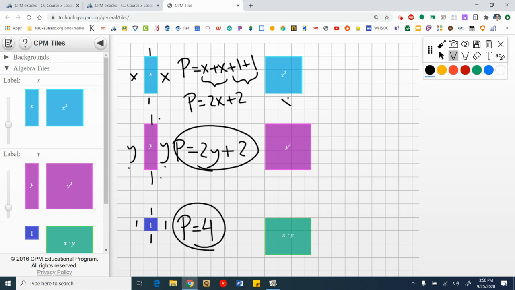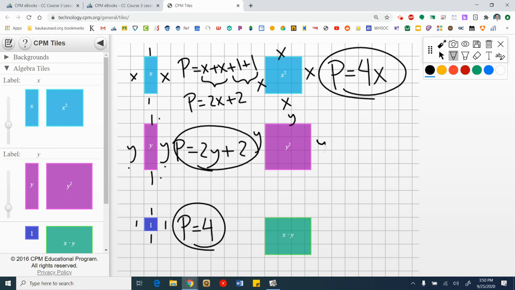The x squared tile, well, that has a perimeter of 4x. I add up all the sides, 1, 2, 3, 4 x's. And y squared is going to be very similar. Perimeter is equal to 1, 2, 3, 4 y's.